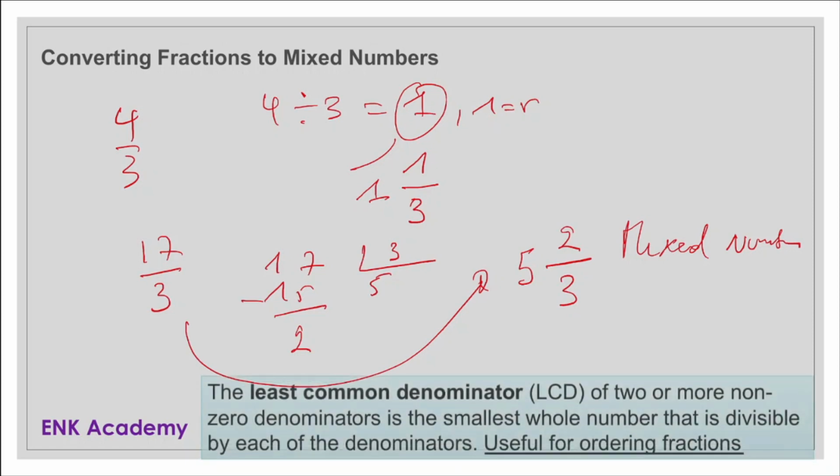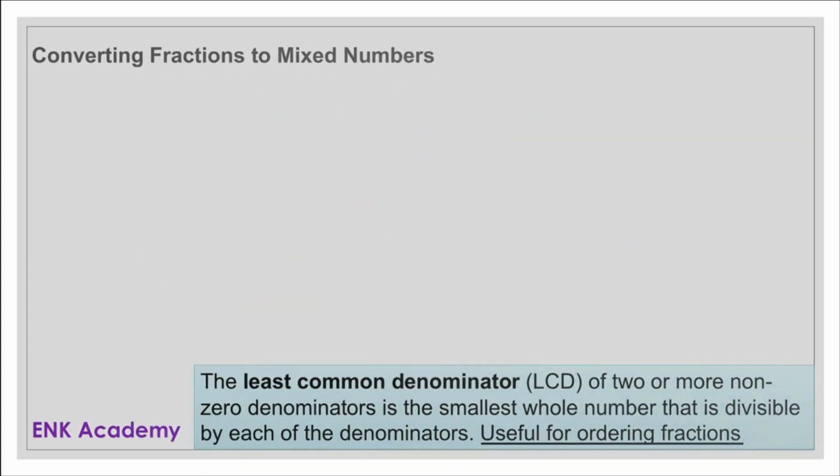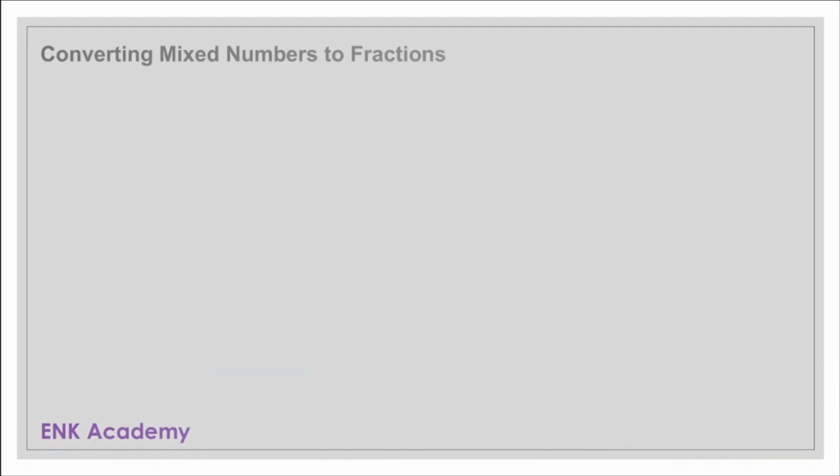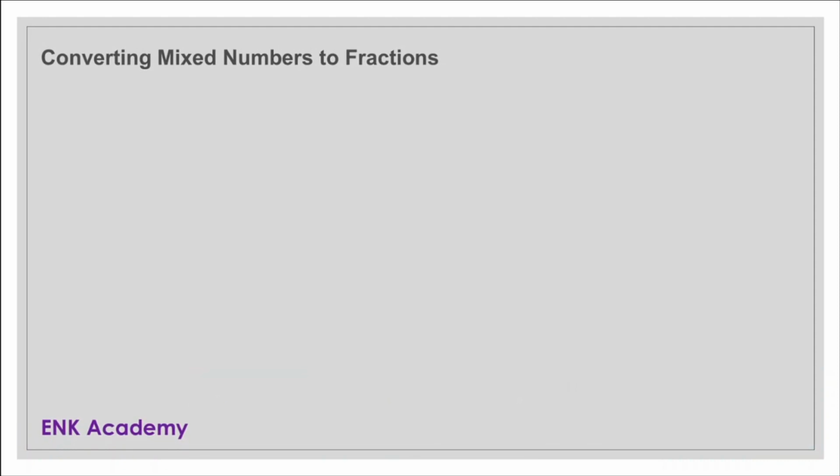We are also able to convert mixed numbers to fractions. If we have 2 and 1/4, to convert it into a fraction, you multiply the denominator by the whole number, and then you add the numerator.